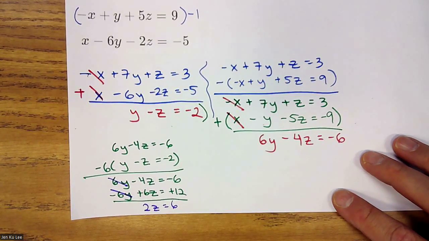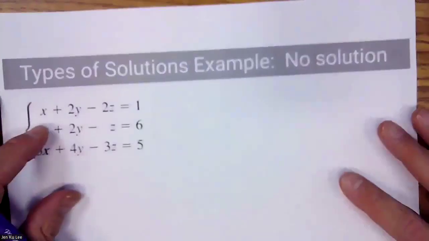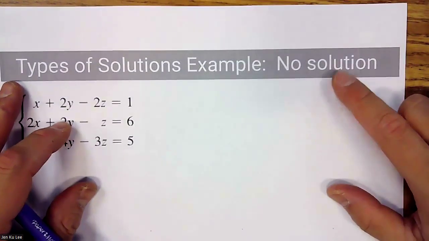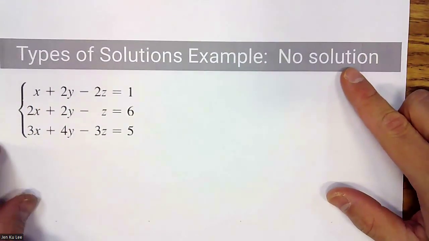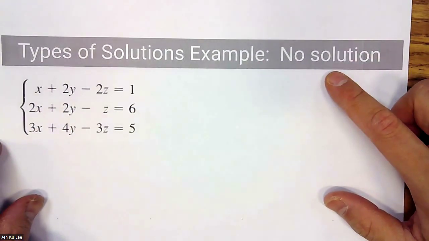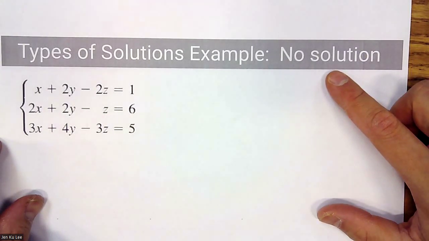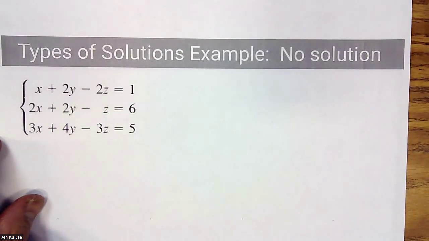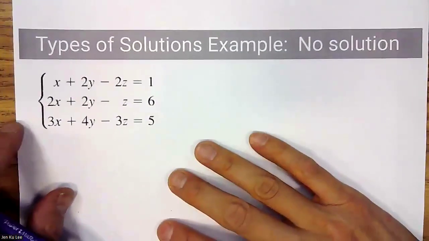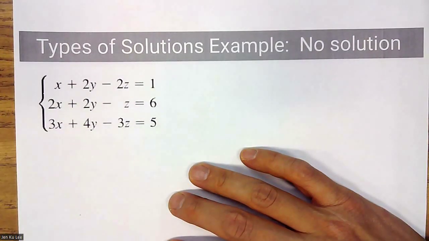I have two more highlighting special steps or special solutions. So this one here, it's a no solution. I'll show you why. So here we're going to go through the steps again.